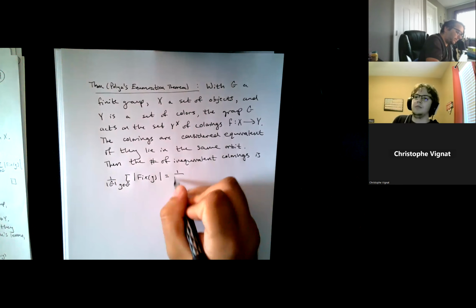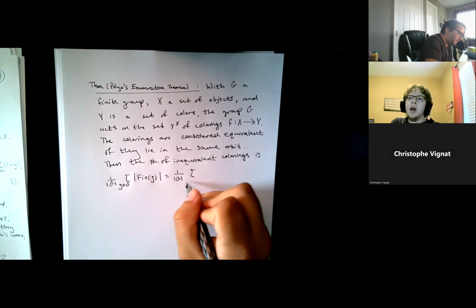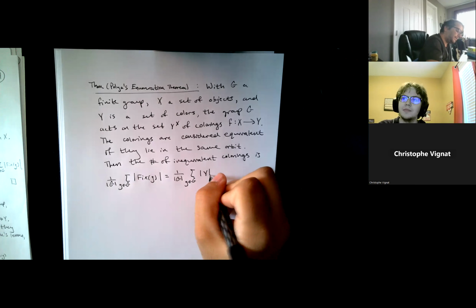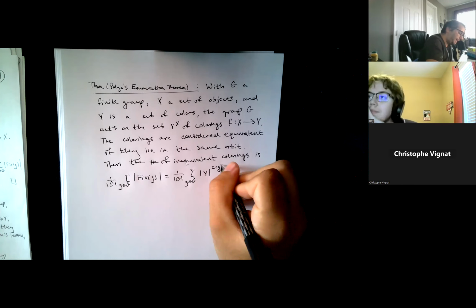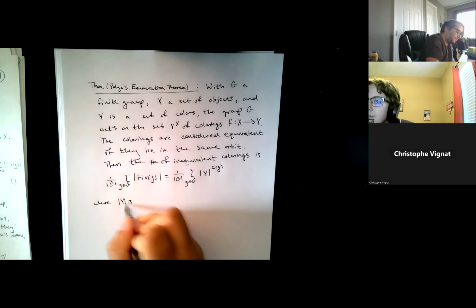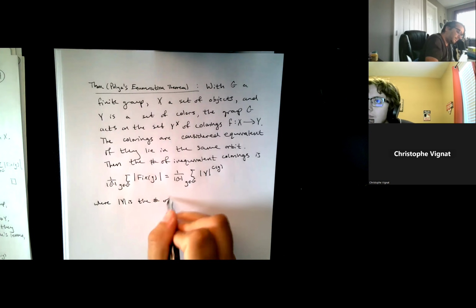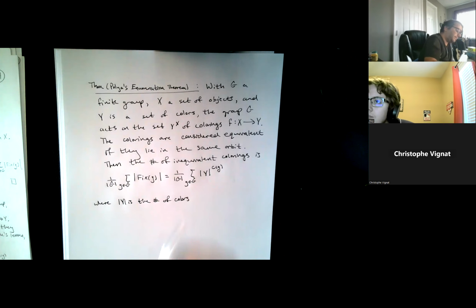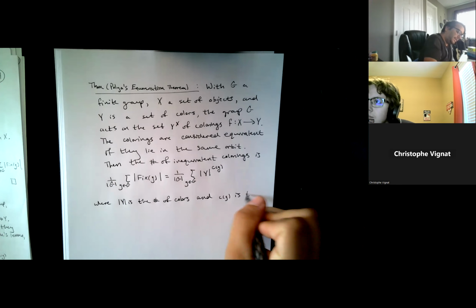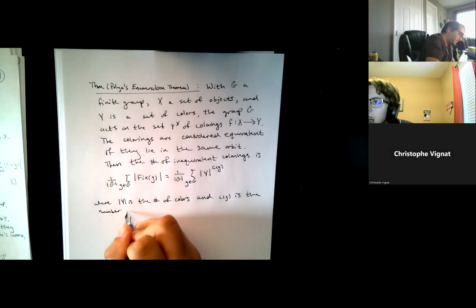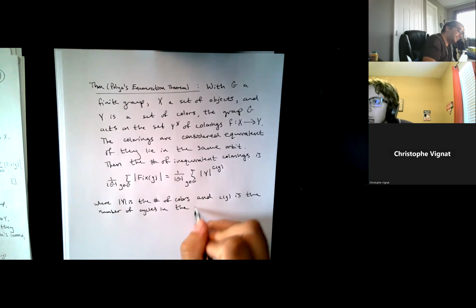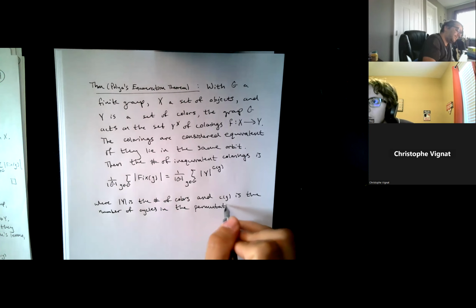And that's 1 over the order of G, the sum over g in G, of the order of Y, the number of colors, raised to the c of g power. And this is where the order of Y is the number of colors, and c of g is the number of cycles in the permutation representation of g.